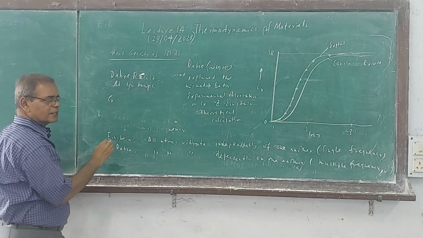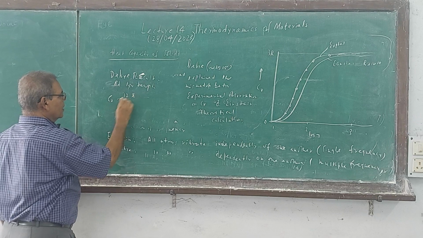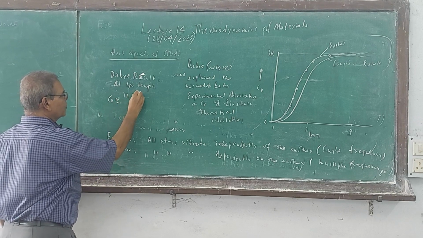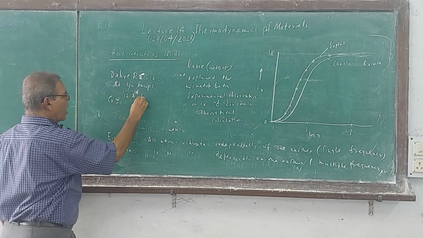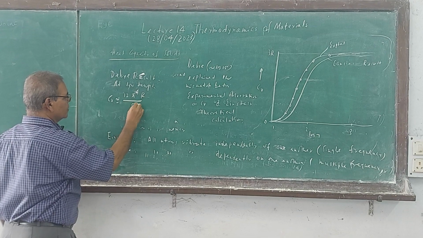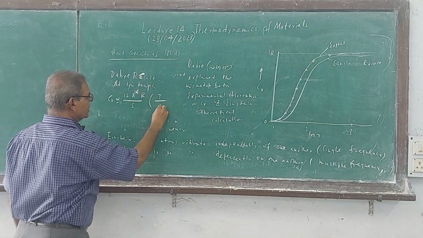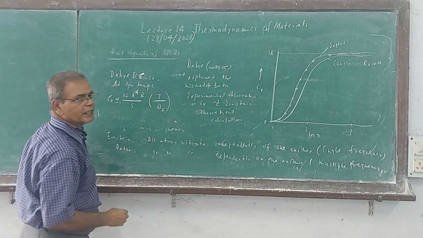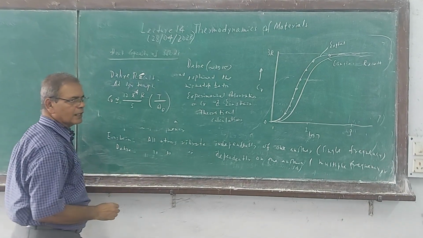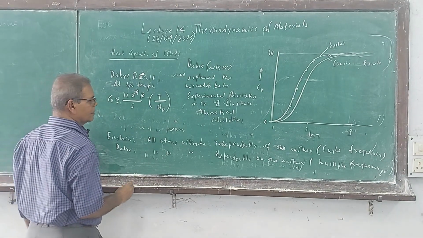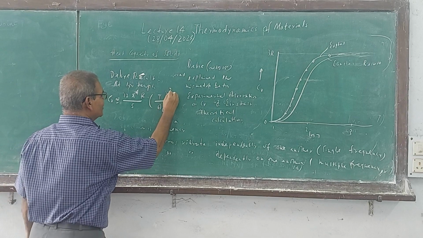At low temperatures, CV is approximately 12 pi to the power 4 R by 5 times (T by theta D) cubed. Theta D, D for Debye. Remember this.